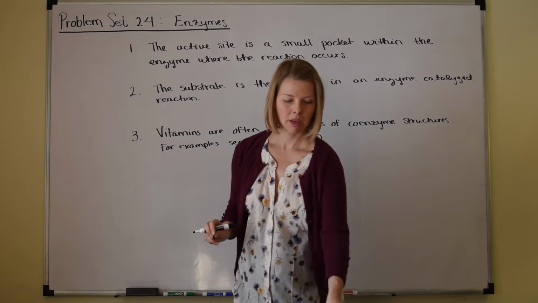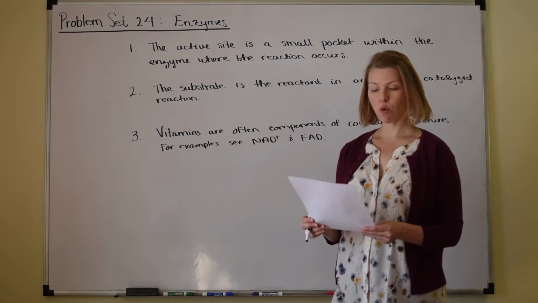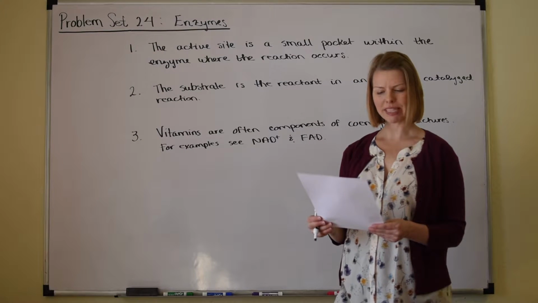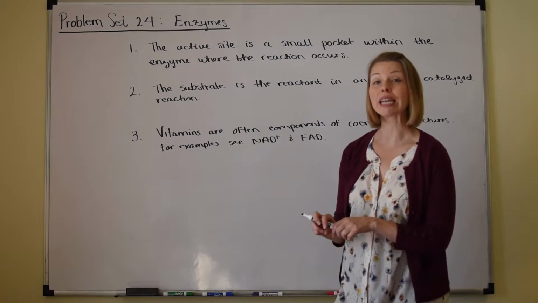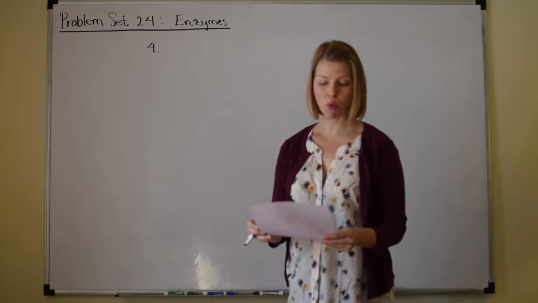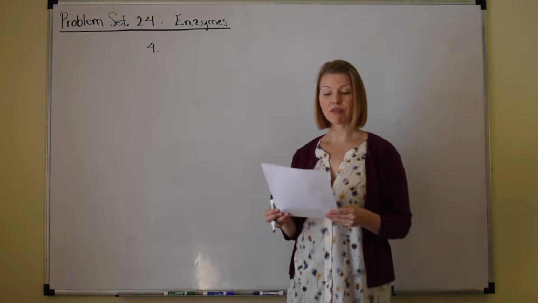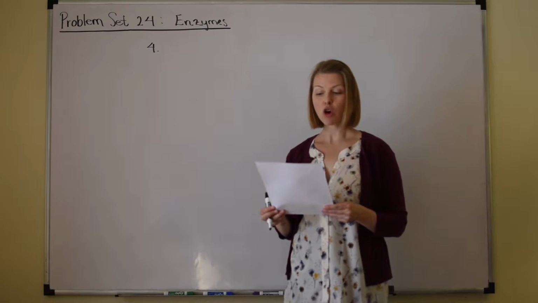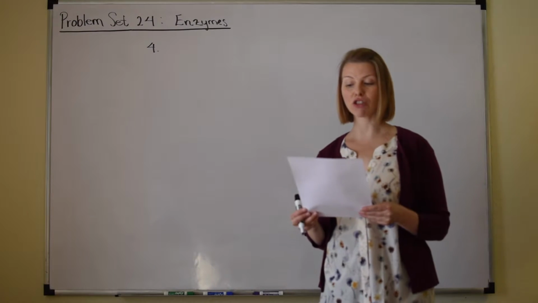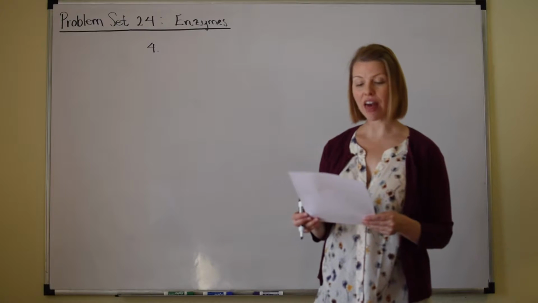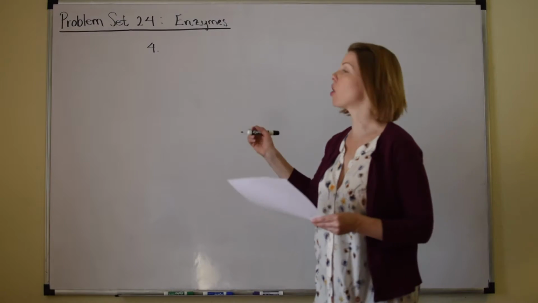Okay. All right, number four, I think it's got an A through F, so let's go ahead and erase here so we have a little more room. Number four. The first step of alcohol metabolism requires alcohol dehydrogenase to convert ethanol into ethanal.